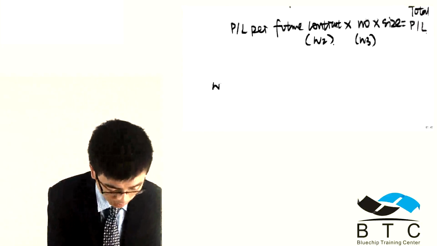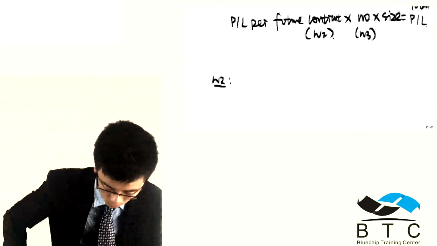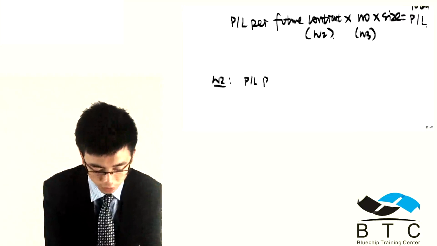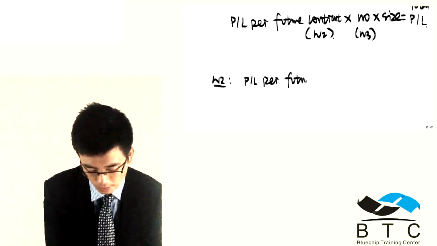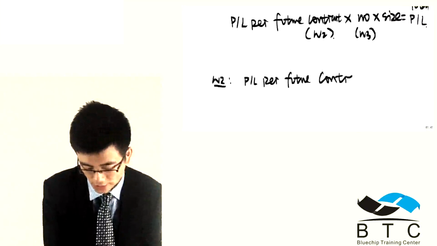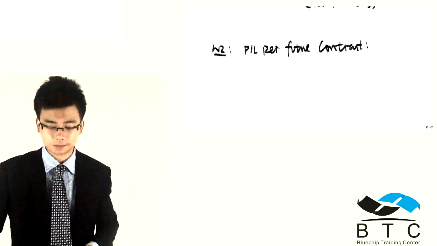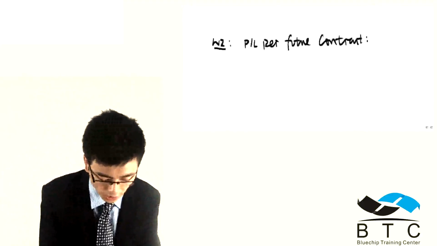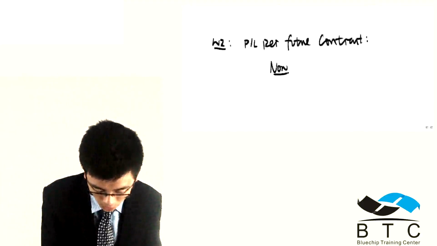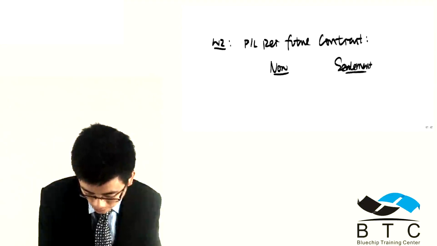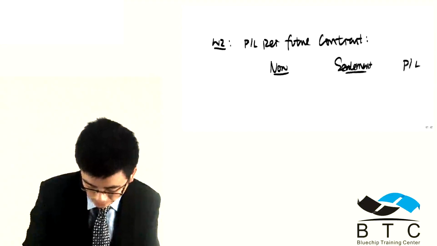So, starting with working number 2, we are going to calculate the profit loss per future contract. How are we going to do that? Of course, we're going to set up a table here. So the table we're going to set up is the settlement date and also profit losses.